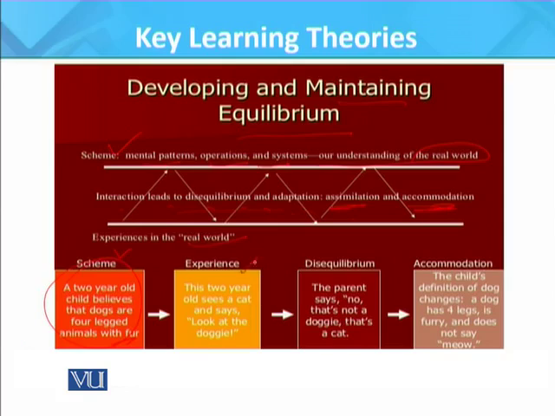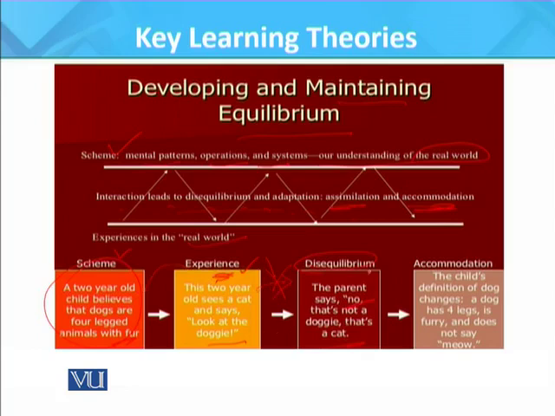The child comes across an experience, sees a cat, and says, "Look at the doggy." Now disequilibrium is what happens when the parent says, "No, that's not a doggy, that's a cat." So here comes the imbalance between the existing information the child has based on the schema and the new information that comes in.